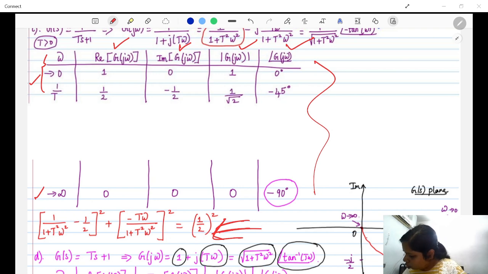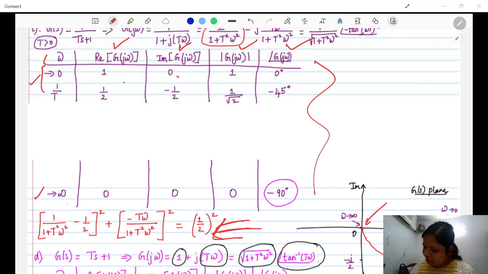For omega equal to 0, we got this value where the imaginary part is 0 and the real part is 1. I'm sorry, this is for omega equal to infinity. For omega equal to infinity, we got 0, comma 0. For omega equal to 0, we got 1.